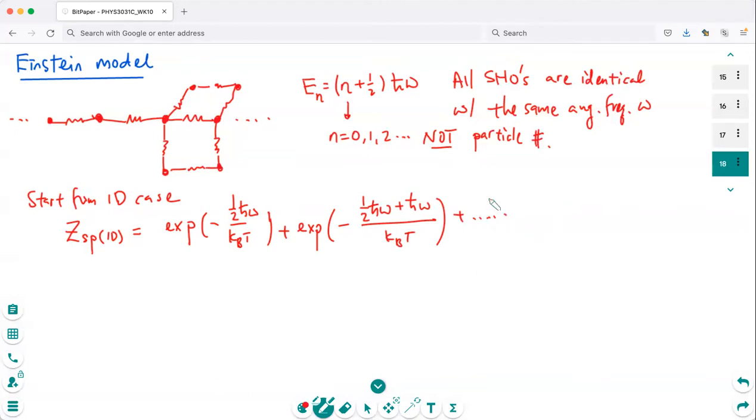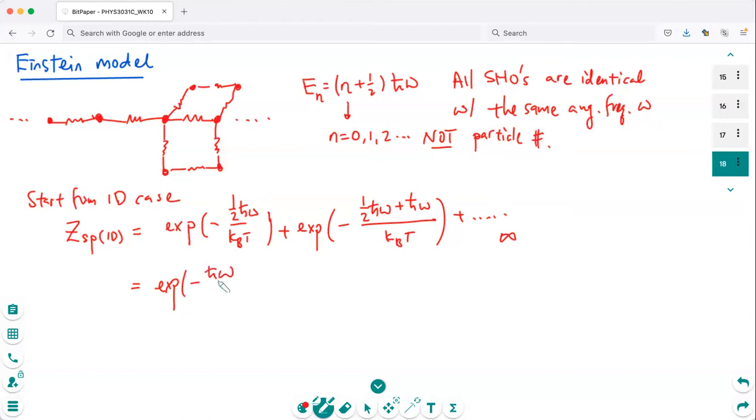This is very different from spin 1/2, the 2-level system. You only have 2 terms, but here you have an infinite number of them. And then you realize everybody has this zero point energy, so you can pull out this factor, e to the minus a half h bar omega.